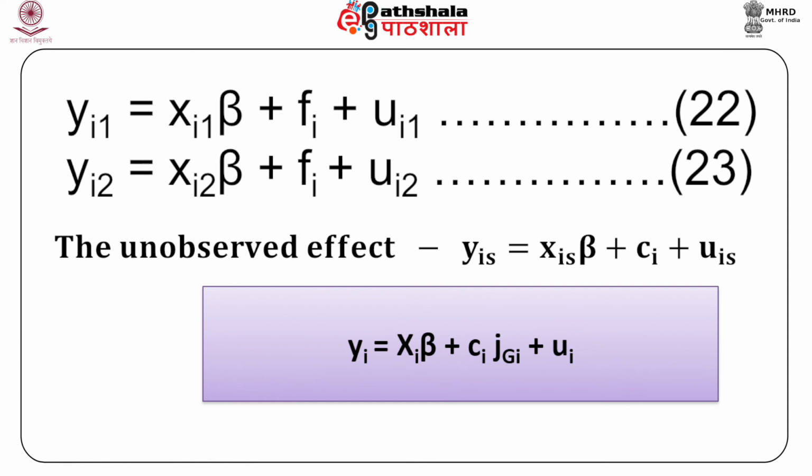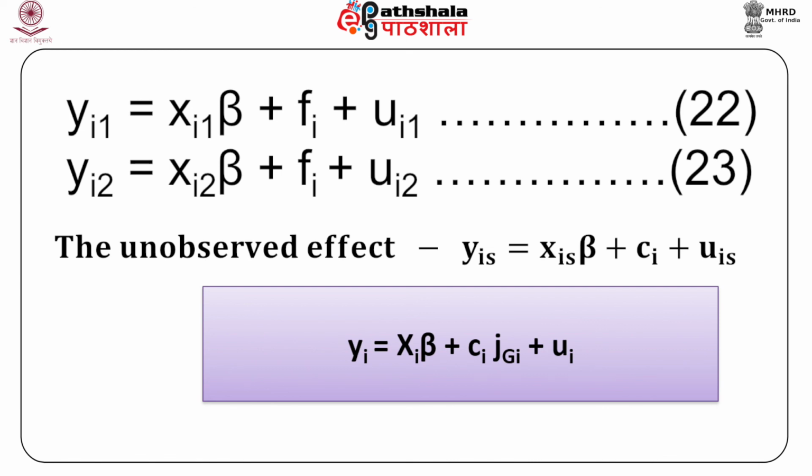Now this is our equation 24. In the above equation, i indexes the group or cluster and s indexes units within a cluster. In some cases, an unobserved effects model for a cluster sample is called a hierarchical model.